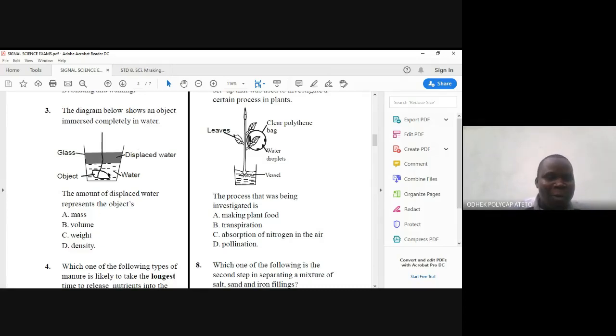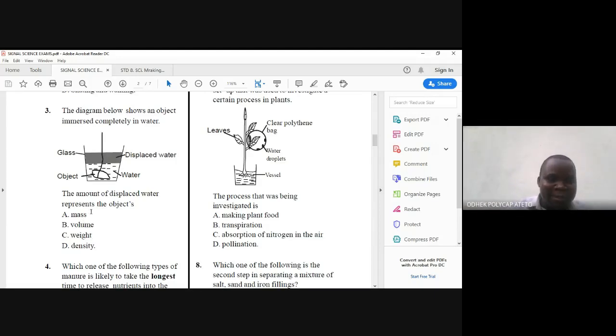Therefore, we have the object, the glass, and the displaced water. So the question is, the displaced water represents the object's what? It cannot represent the weight because weight is the force of gravity.